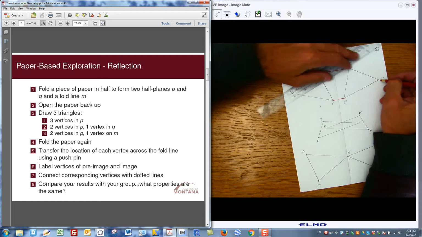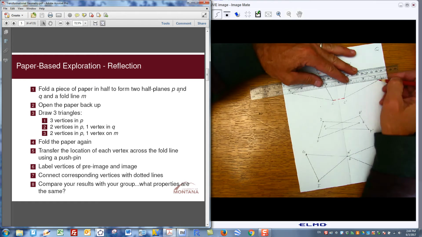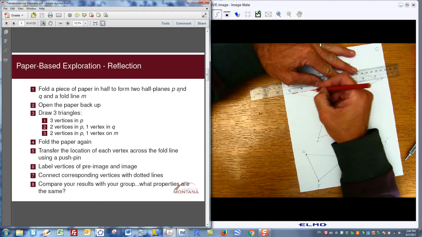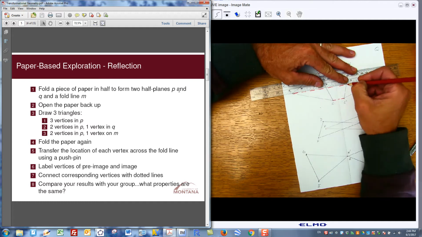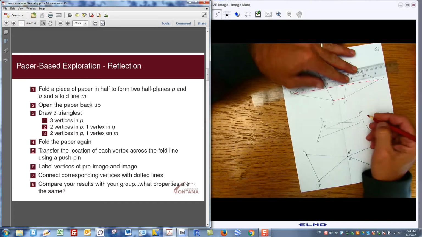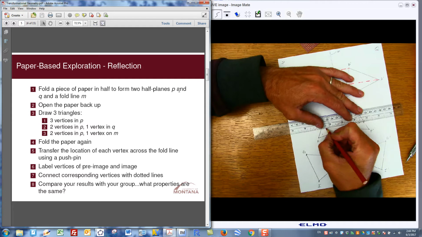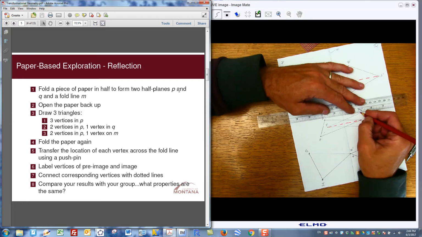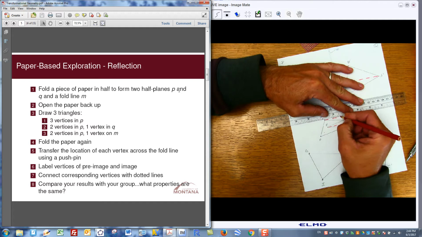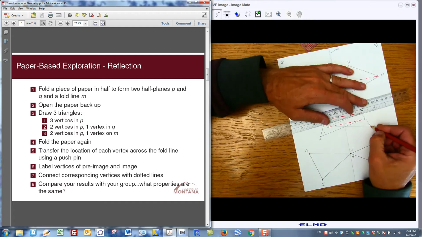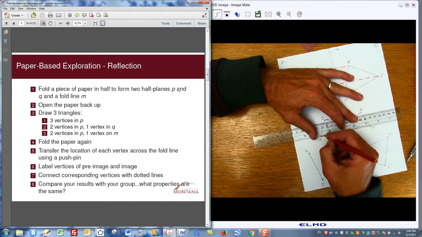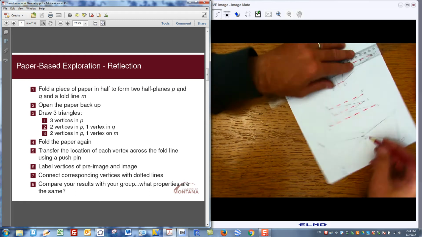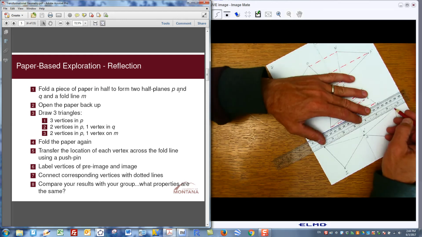I'll get my longer one up. So there's the corresponding vertices with a dotted line.